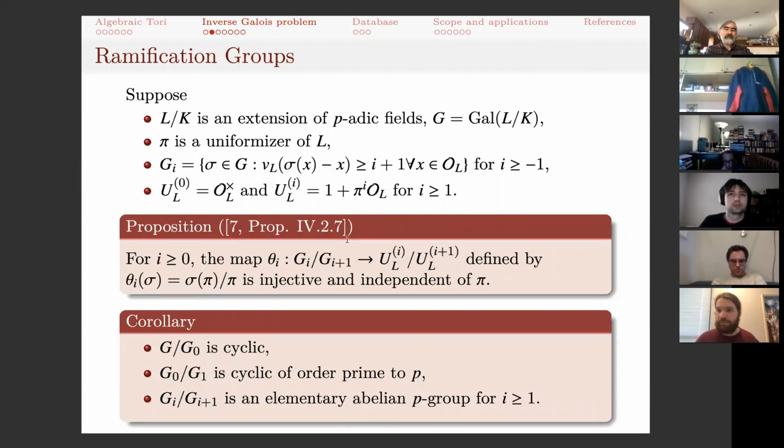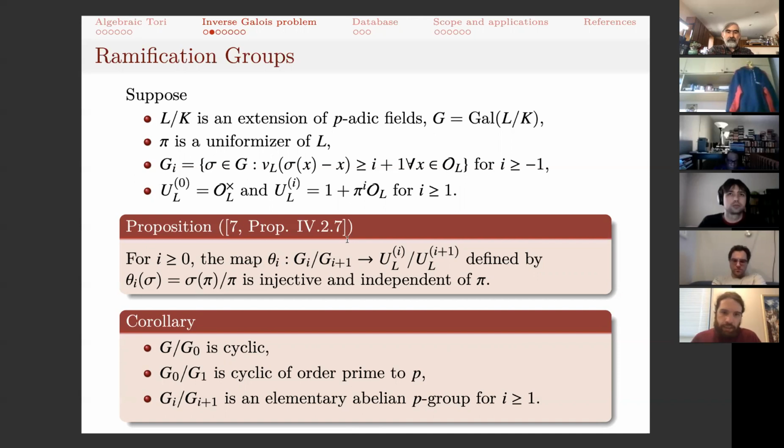So this gives you a filtration as i increases, starting from G_{-1}, which is the whole group, up through G_infinity, which is the identity. You get a descending filtration. And there's a corresponding filtration on the field theory side. You can take the units in O_L, and then you can take the things that are congruent to 1 modulo pi^i.